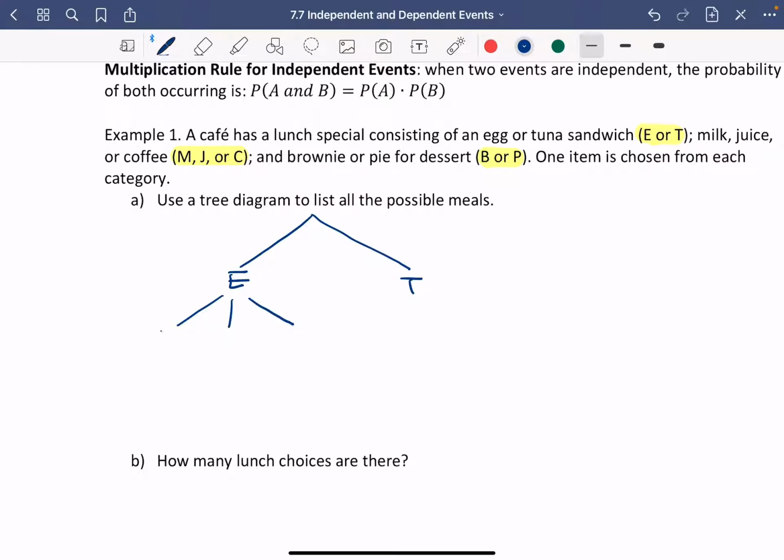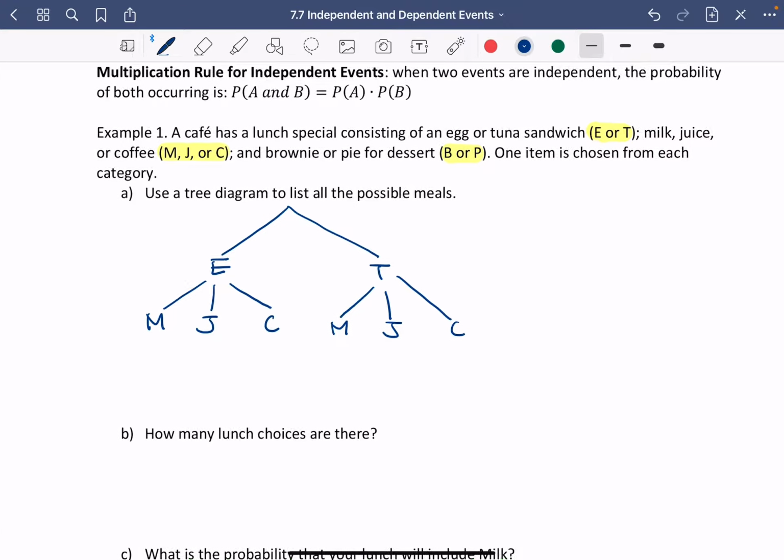You can choose a milk, a juice, or a cup of coffee. Well, same for tuna. If you choose a tuna sandwich, you can also choose these 3 drinks. And the last one is the dessert. So you can have a brownie, or you can have a pie.